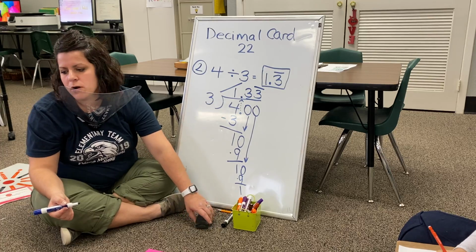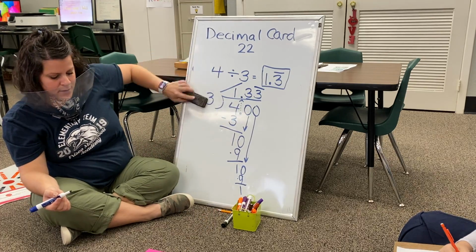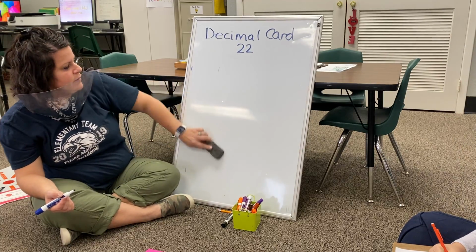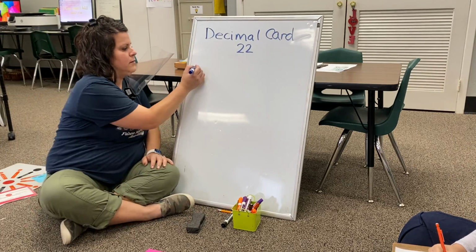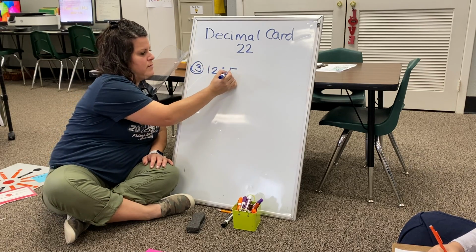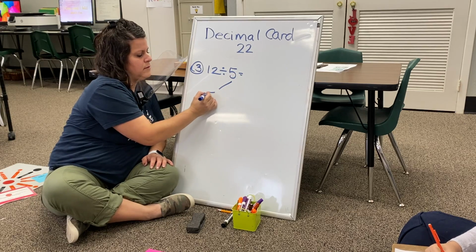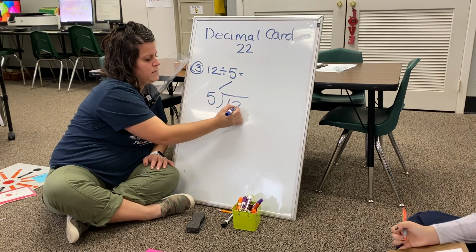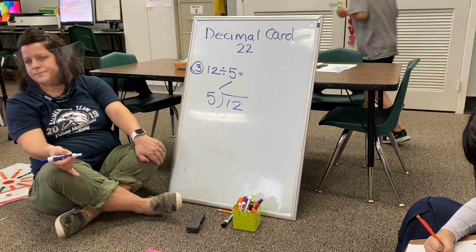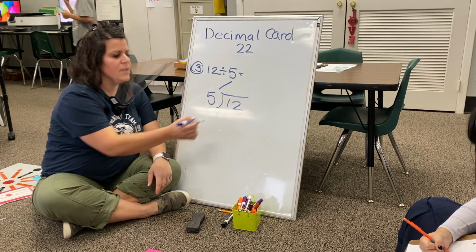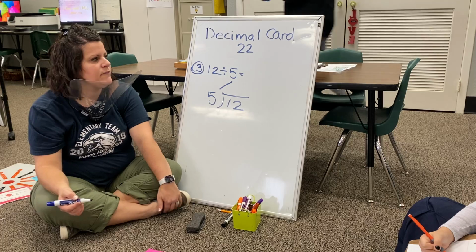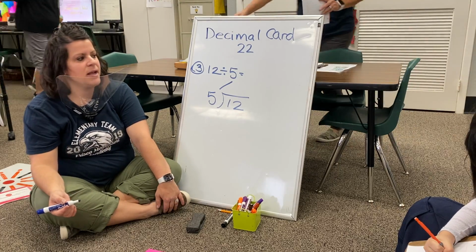We're going to do one more and then we're done. Number 3 is 12 divided by 5. Okay. 5 can't go into the 1, so I'm not even going to put that X anymore.